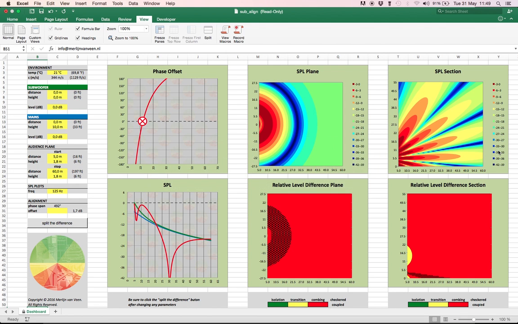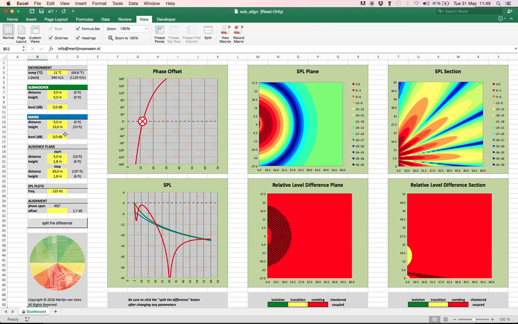So when you fire up the calculator, the default settings will be as shown in this screen. Room temperature in the top left corner is currently 21 degrees, and we get to position our subwoofer speaker, which is currently sitting on the floor at a distance of 0 meters and an elevation or altitude of 0 meters.